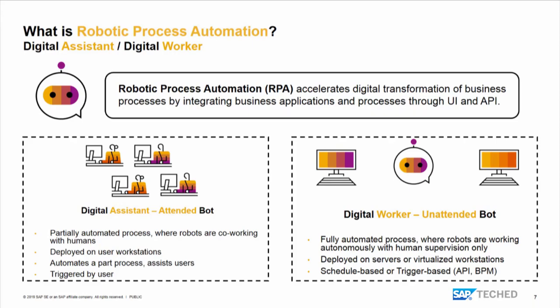We have two main deployment modes, or usage modes, of RPA. The first, which is the most common, is what we call attended bots, or in our terminology, digital assistant. In this case, the idea is to have a bot interacting with a real user working on a machine.